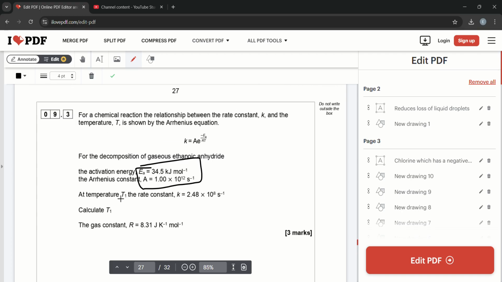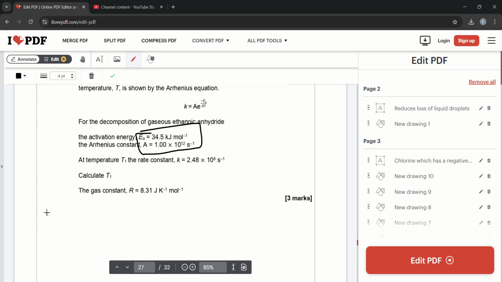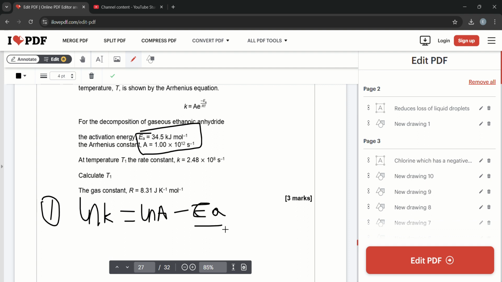Now there's 2 ways we can do this, but I'm going to do it the way where we take the log. So lnk equals lnA minus Ea over RT.